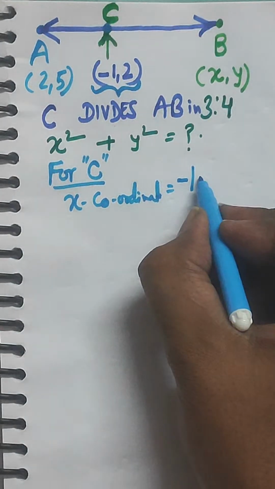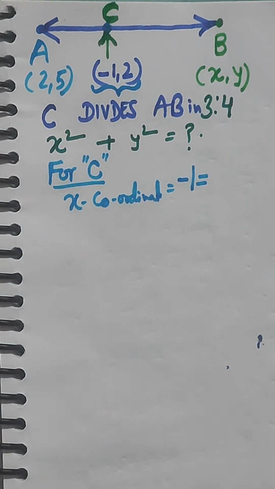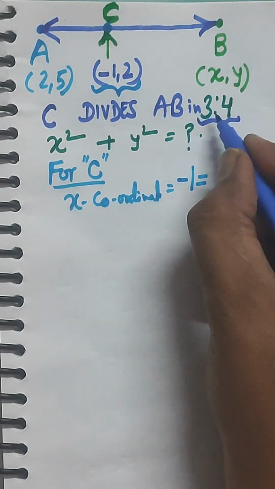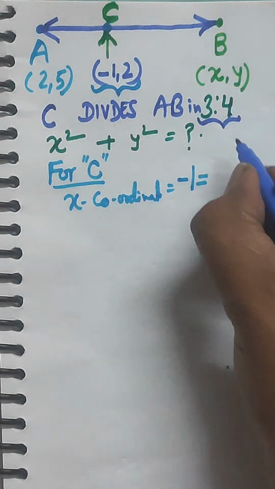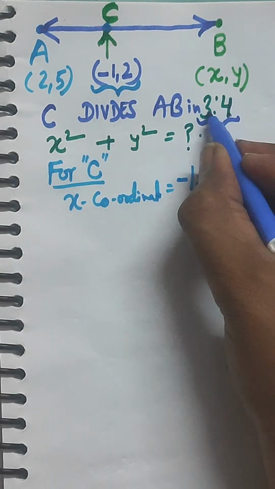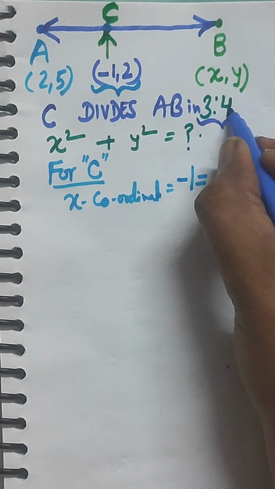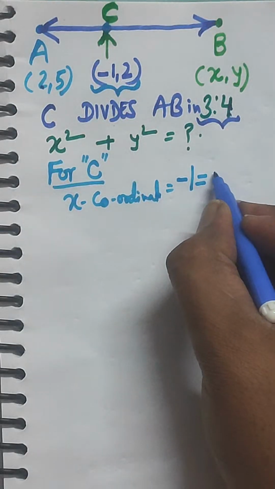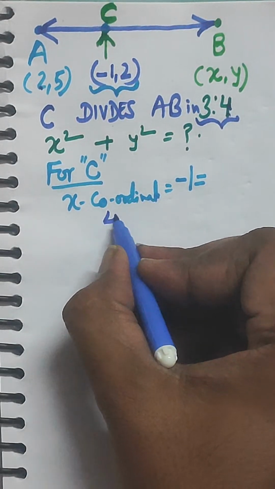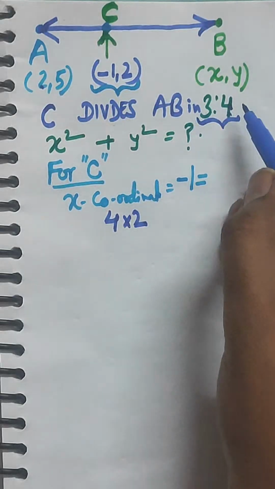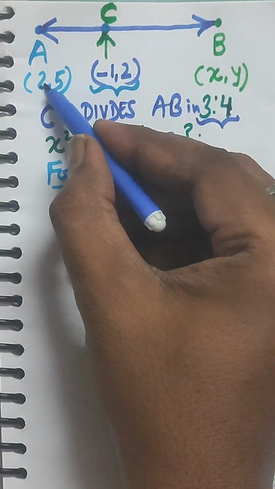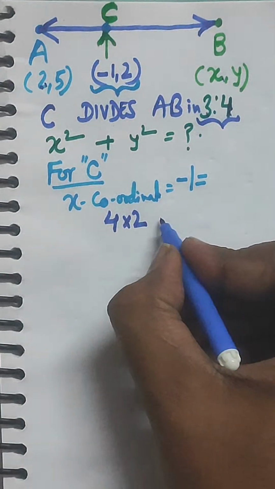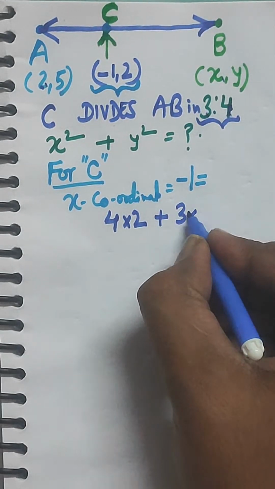And this -1 should be equal to, since C is dividing the line into the ratio 3:4, this will be equal to 4 into 2 plus 3 times x. For the next, the second ratio term will be multiplied with the first coordinate of A.